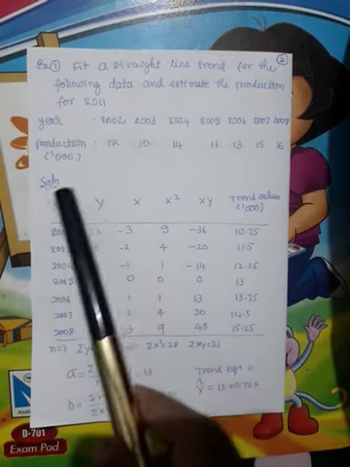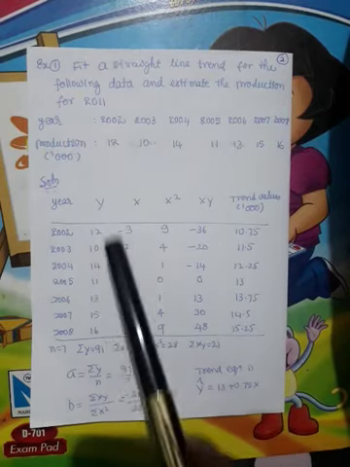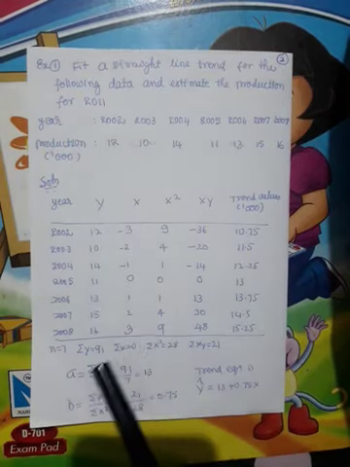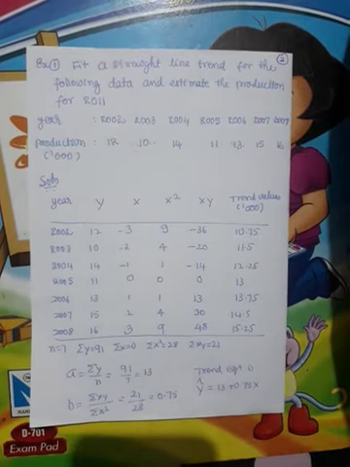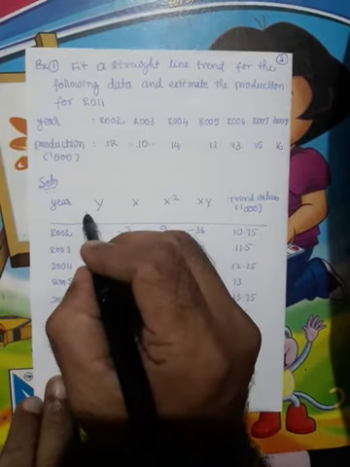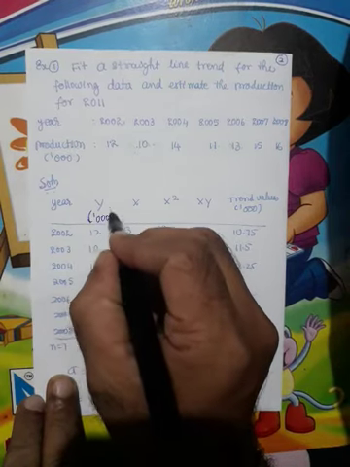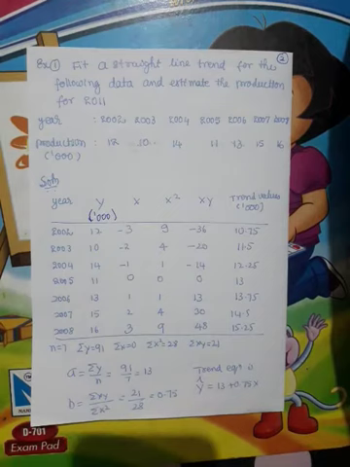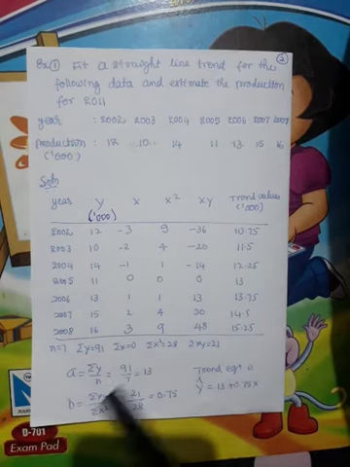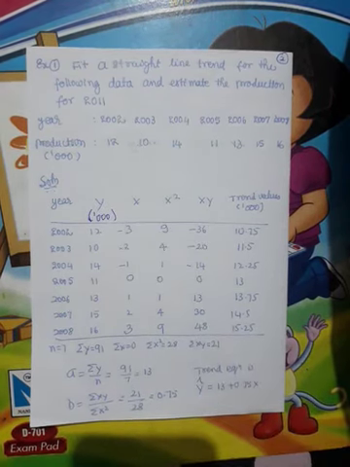So the time series data is written vertically: year, then production in thousands. Now the next column is x. How to obtain x?